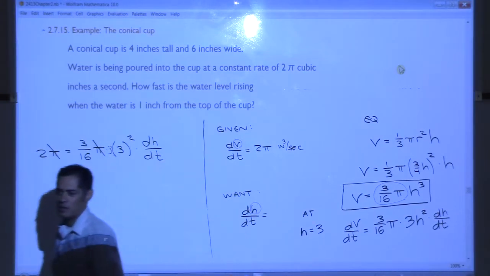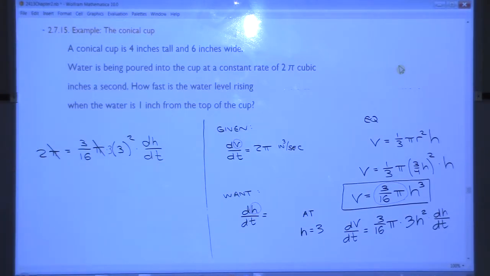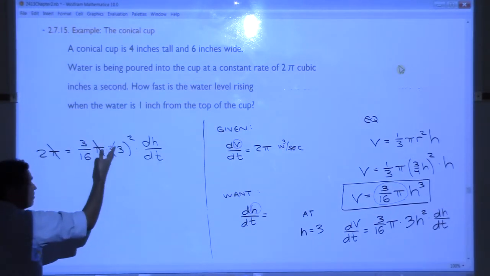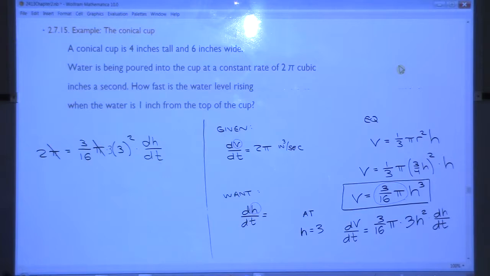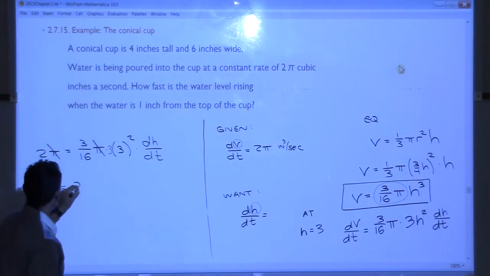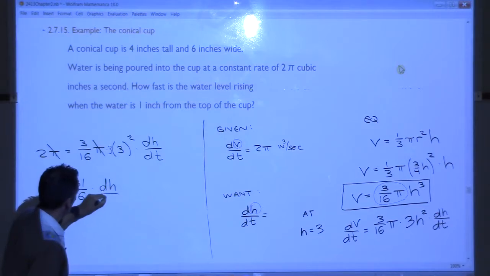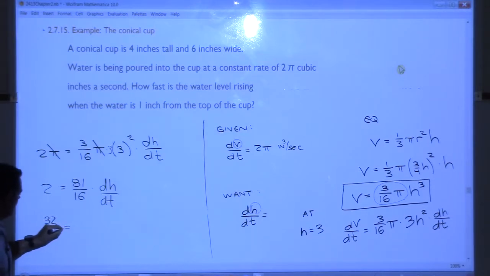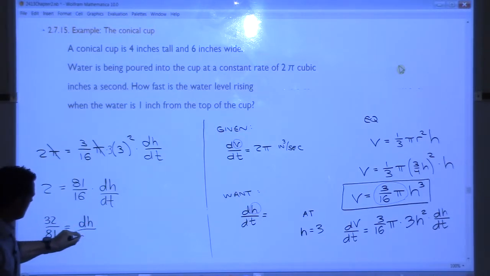Yeah, my fault. So this is going to be 9 times 3, so it's 81 over 16. So 2 equals 81 over 16 times dh/dt. And then we can multiply by the reciprocal on both sides. So multiply the top by 16, divide by 81. So 32 over 81 is dh/dt.